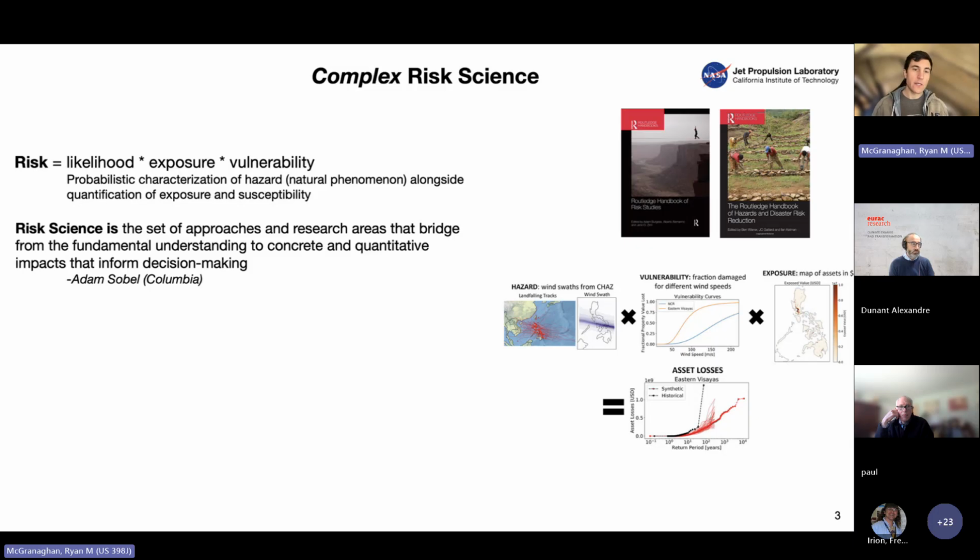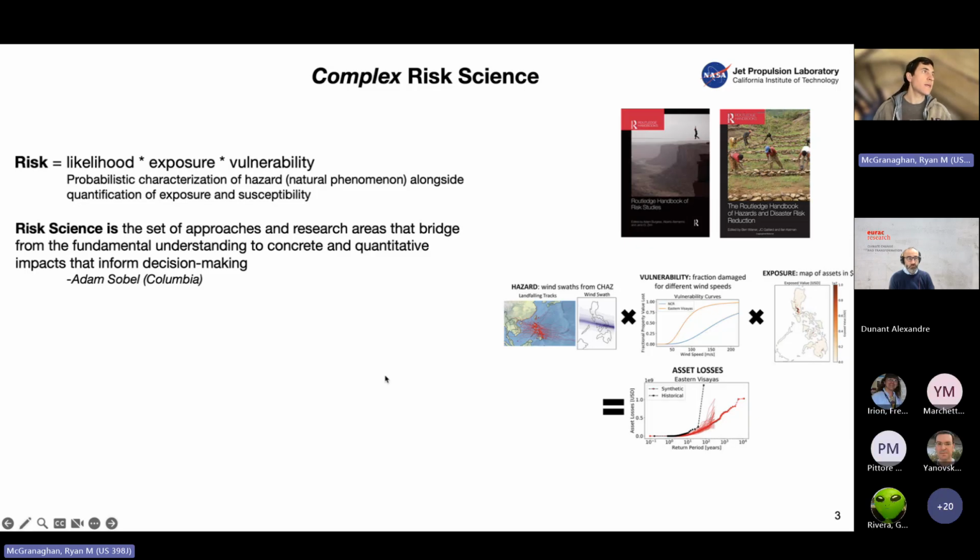The likelihood that that piece of equipment or that population or something else will fail or be damaged under those conditions. Risk science is bringing all those things together, and complex risk science is doing that by using means of assessing the interconnections between all these hazards and all these systems, so that we can understand what are the emergent properties and phenomena that happen alongside these things.